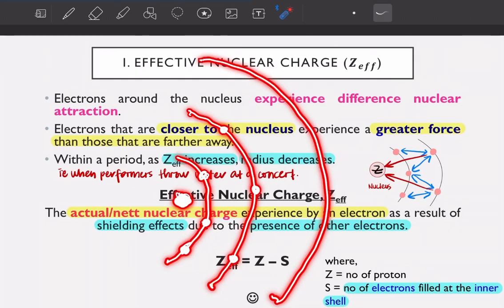Betul tak? Okay. Why is that? Because dia kena shield dengan manusia, audience yang dekat inner shell ni. Diorang ni yang kat dalam ni, they are blocking orang yang dekat second row ni daripada feeling the full nuclear charge, full simbahan air dekat dia.